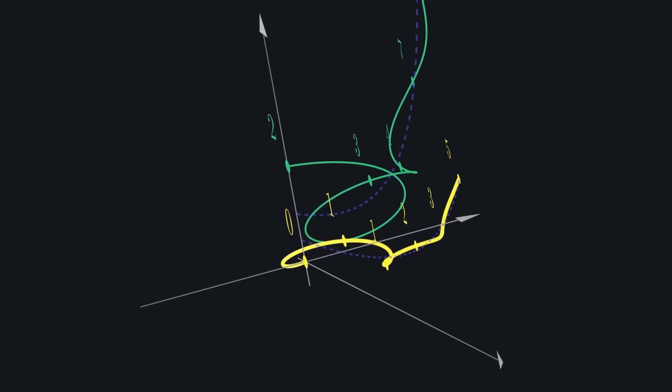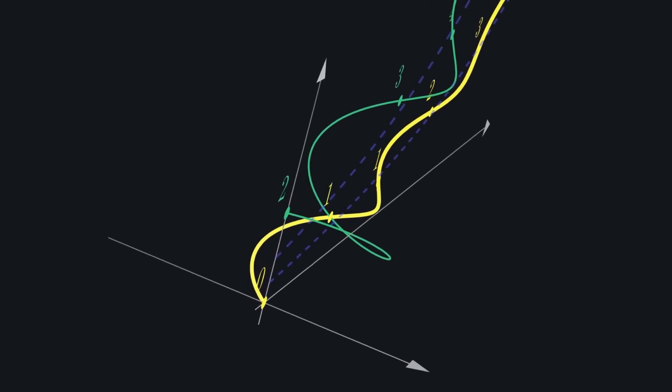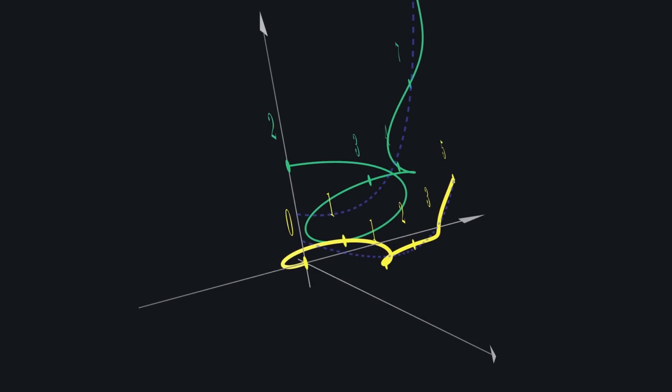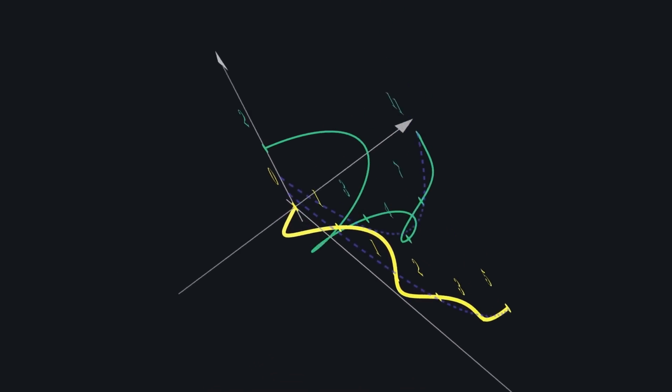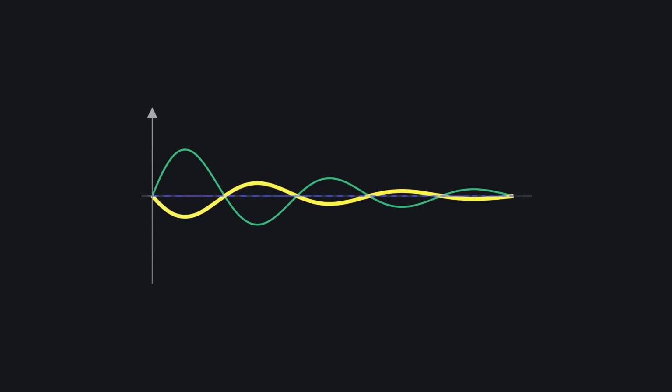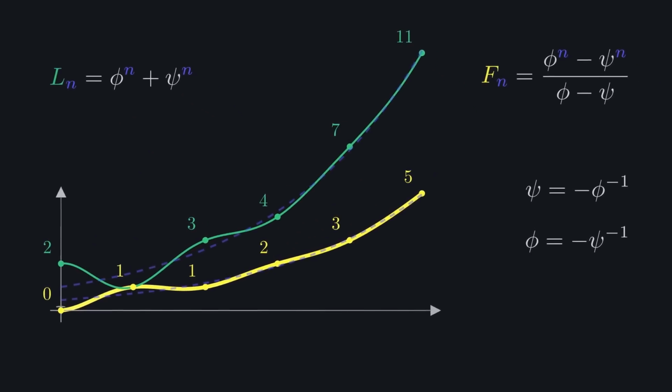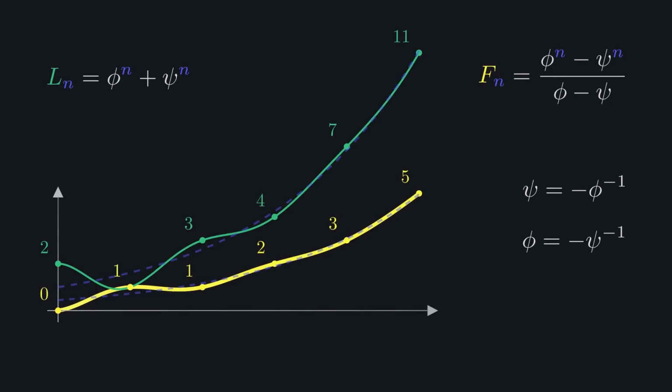It's like stretched out springs, weaving around the blue power functions. And also, if we focus on just the imaginary values, they weave in and out of real numbers, visiting them precisely at integer values of n. Both these oscillations happen in opposite order, all due to the difference in the sign before psi to the nth.